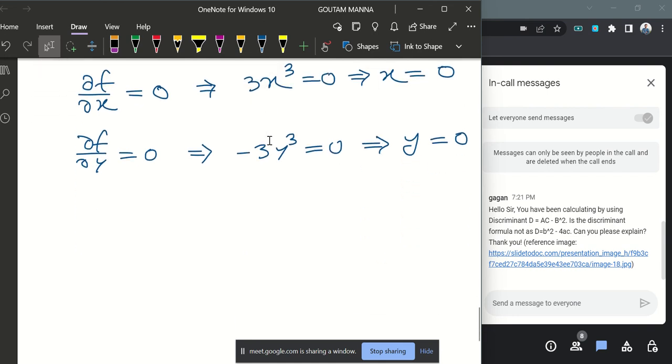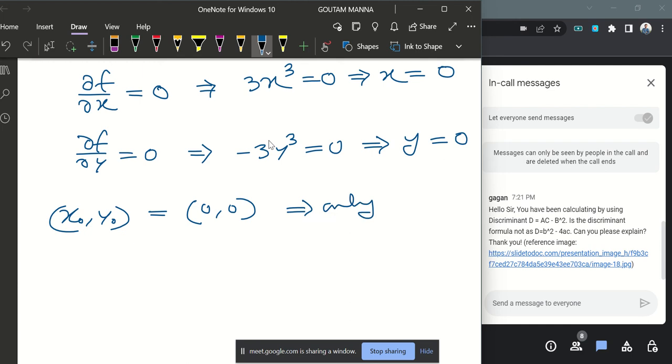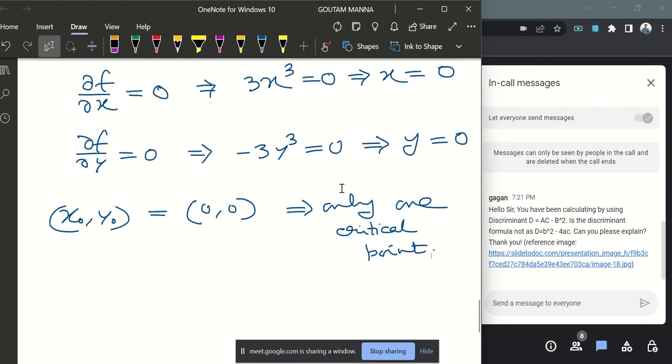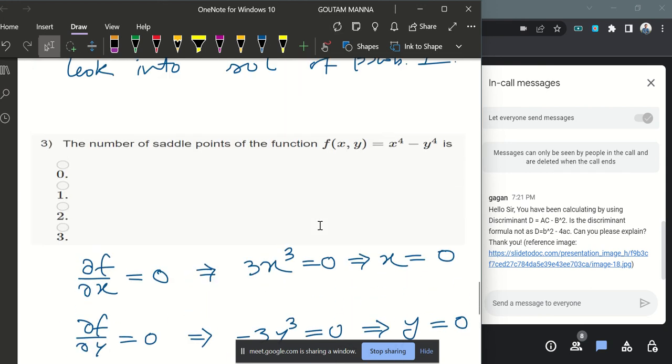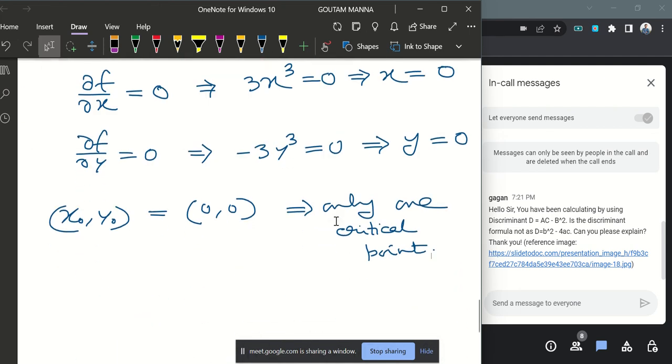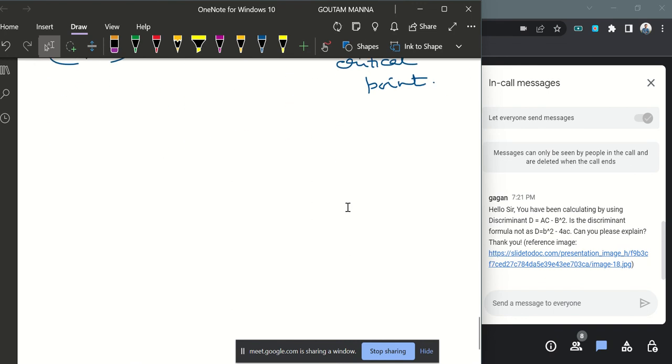So there is only one critical point, that is 0 0. Only one critical point.